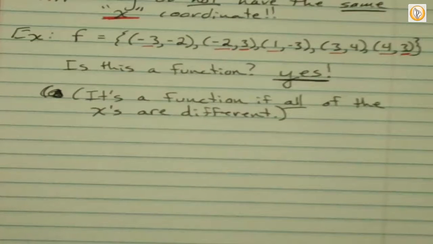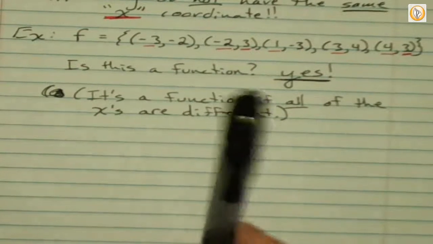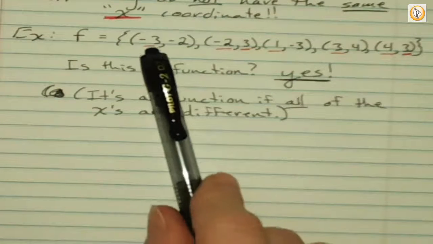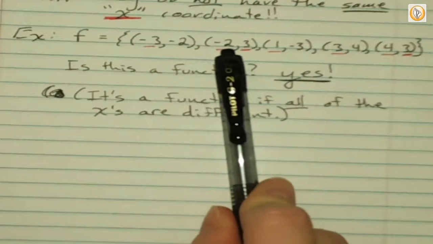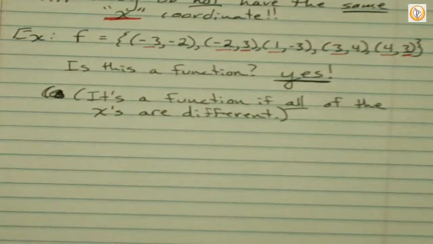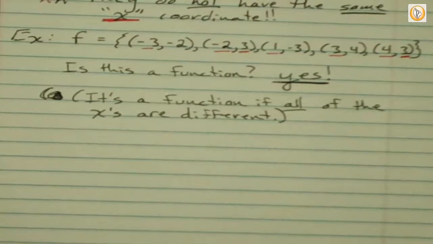So if the x had the same, then it would not be a function. Correct. Good one. If we had same x's up here, like if we had -3 and a -3, it would not be a function. So if like two of them have the same x's, the whole thing is not a function. That's right.